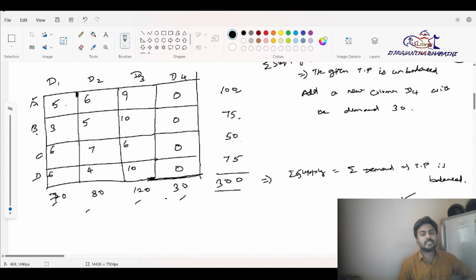The difference is called the penalty. Here the minimum cost is 3 and next minimum cost is 5, so the difference is 2. So this 2 is the penalty. Here minimum cost is 4 and next minimum cost is 5, so the penalty is 1. Here the minimum is 6 and 9, so the penalty is 3. Here obviously it is 0.